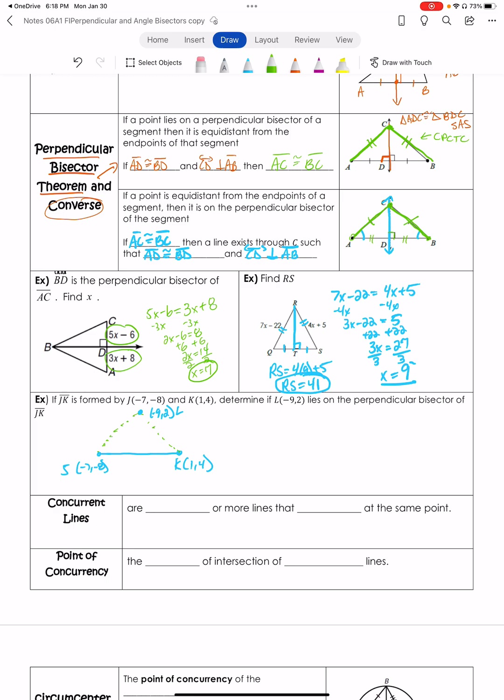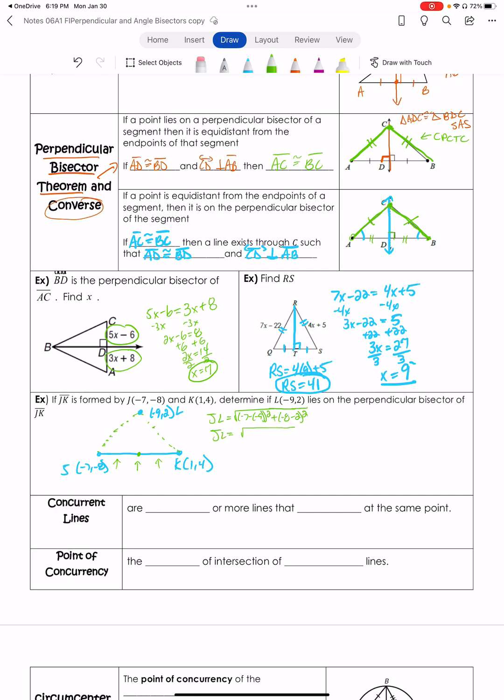There are other ways that we could do this. We could find the midpoint and see if this is perpendicular and find this distance and this distance. But the easiest way is to find these sides. So we have JL is equal to the square root of (-7 minus -9) squared plus (-8 minus 2) squared.